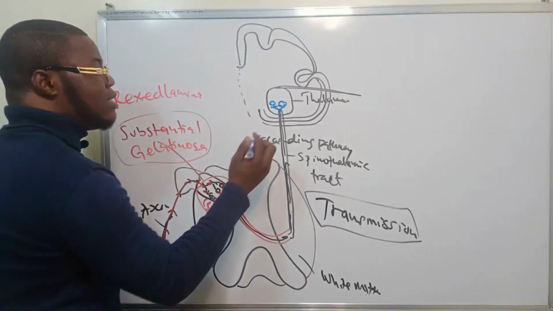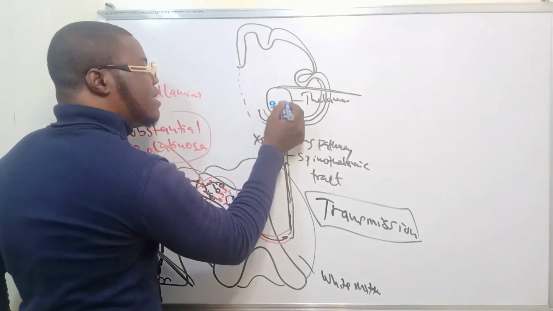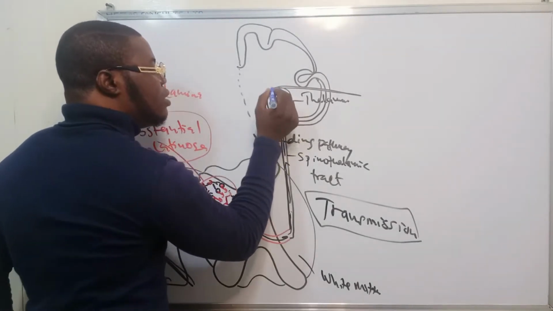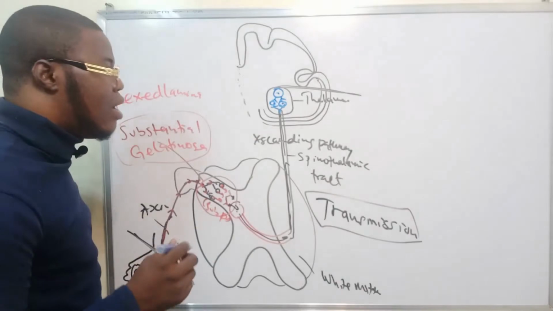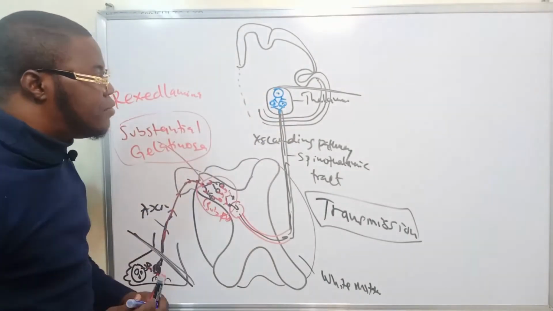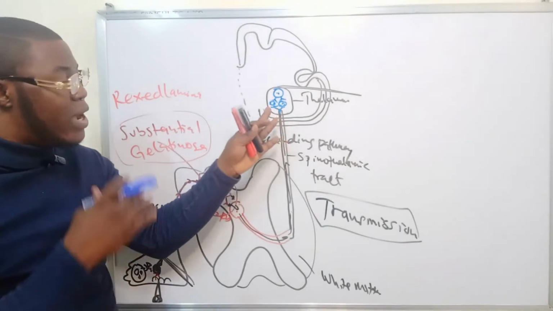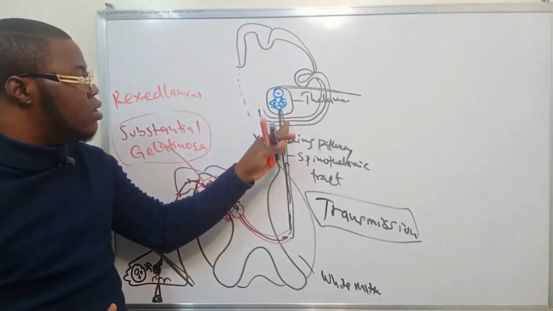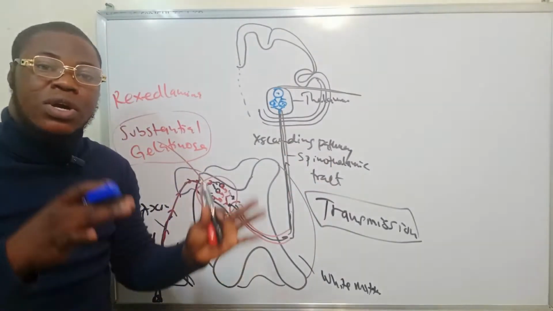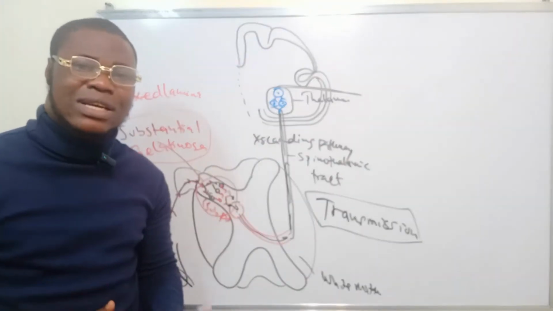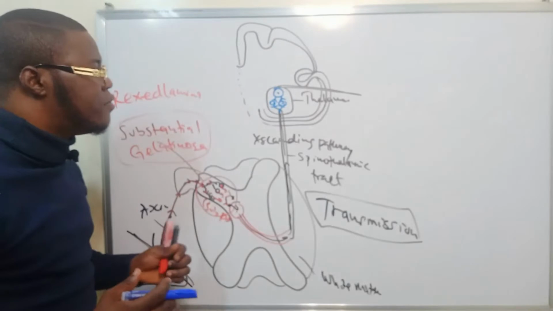These guys are going to release another substance P, which will send an impulse onto the third order neuron. And this thalamus, apart from being a relay station, is where impulses are relayed from the second order neuron to the third order neuron. So it is also some kind of sorting system. It performs the function of sorting.